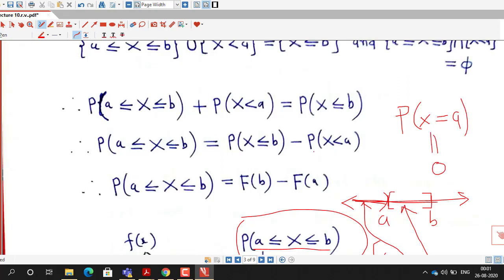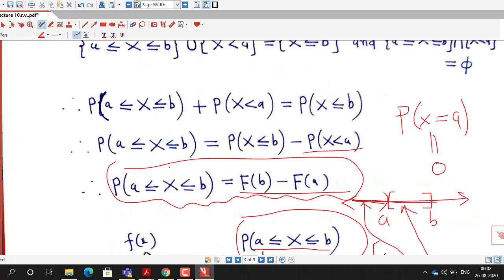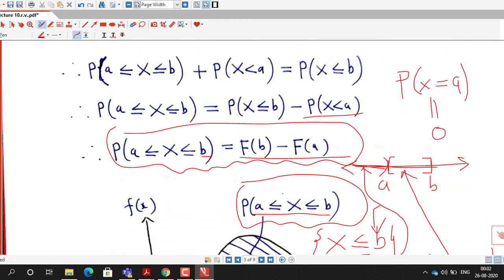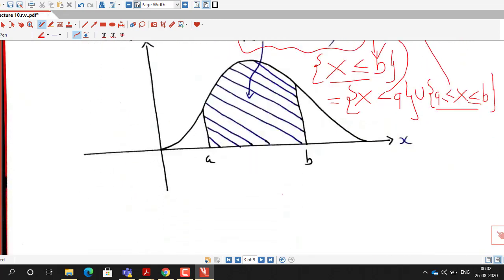Whether I write X less than or equal to A or X less than A, both are the same thing for a continuous random variable. In this way we obtain this important remark: the probability that capital X is between A and B is given by the value of the CDF at B minus the value of the CDF at point A.